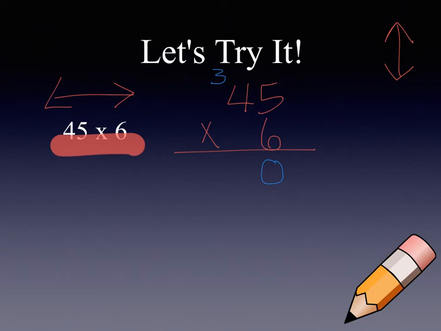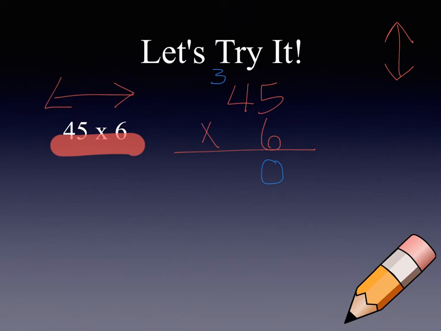And then I'm going to move to my tens place. So first I did 6 times 5. Now I'm going to take that 6 and multiply it times this 4. Now, it's really important that you see that this is not just a 4, but the 4 is in the tens place, it is a 40. Okay, so that's why it's going to be really important that we put that number right underneath the tens place. We line it up so that we make sure that we're keeping our place values correct.